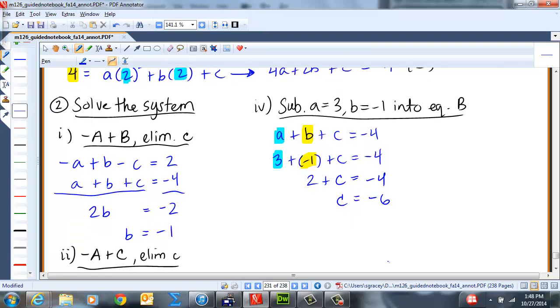So, conclusion. Actually, our conclusion will be our third step. So, conclusion.